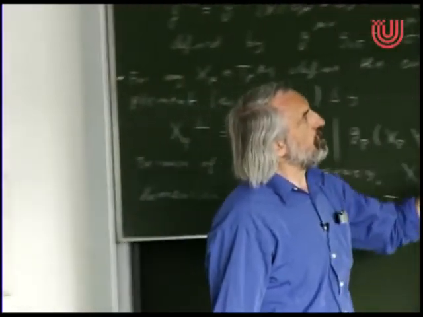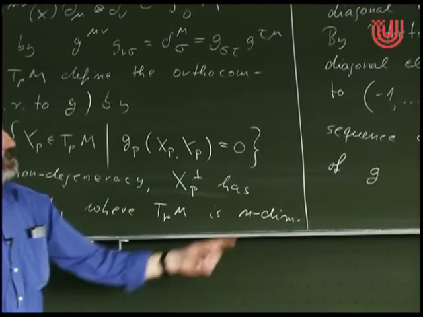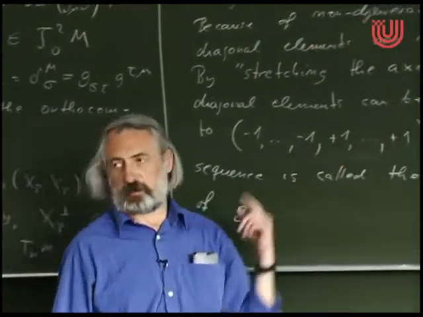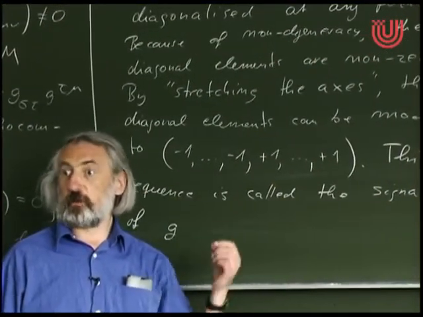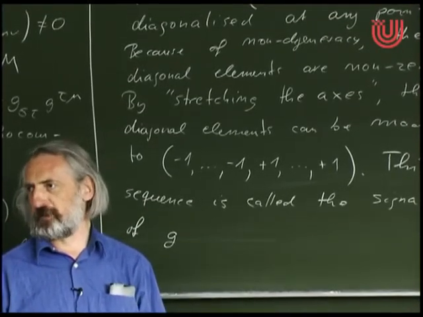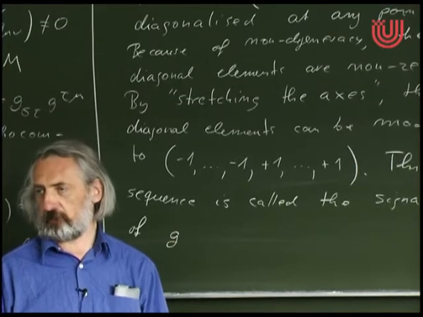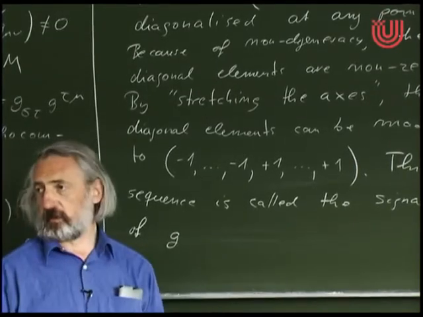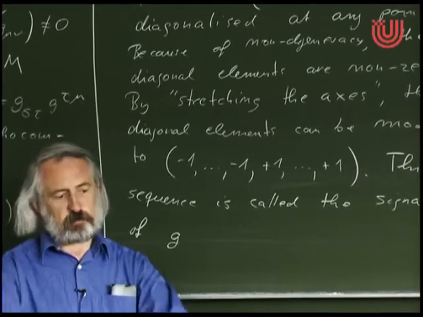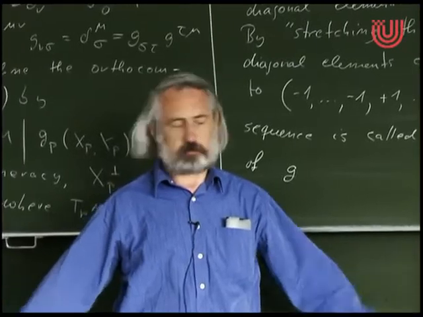This is necessary because of the second property, which is the non-degeneracy. The non-degeneracy assures that the diagonal elements can never go through zero. But how should they jump from a positive to a negative value in a continuous manner without going through zero? So the two properties, continuity and non-degeneracy, guarantee that the signature cannot depend on the point. So it characterizes the metric as a whole. Every metric has a fixed signature.